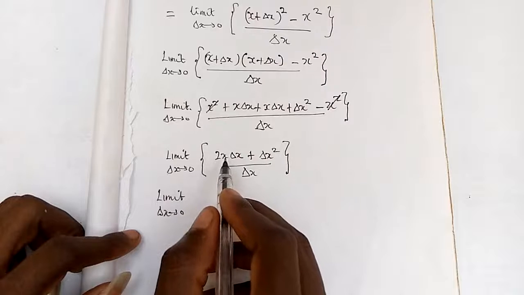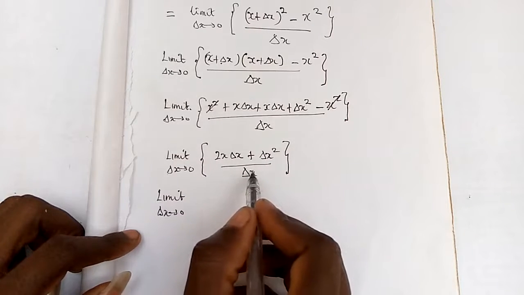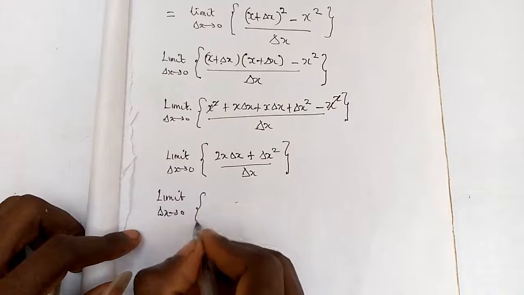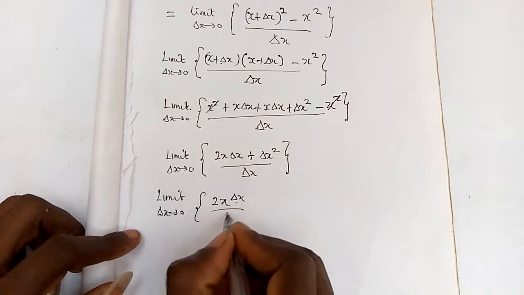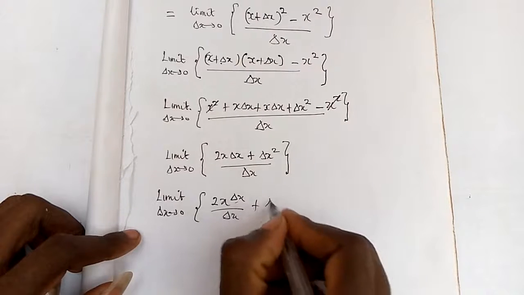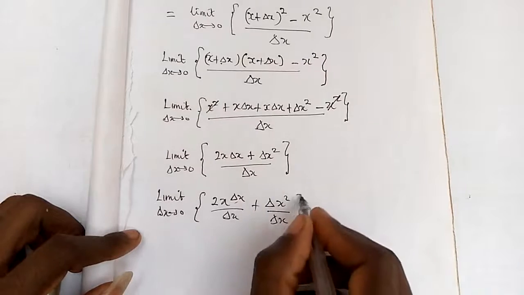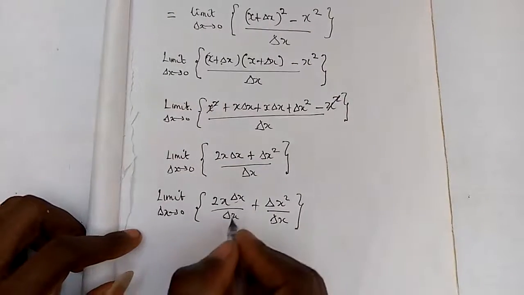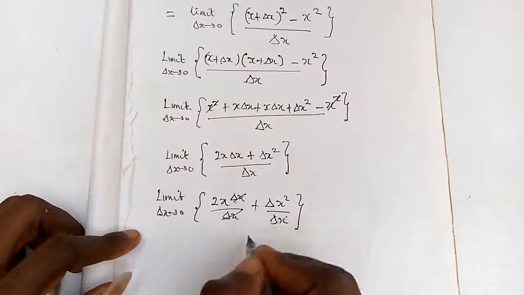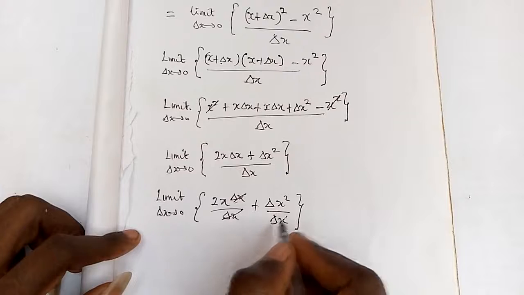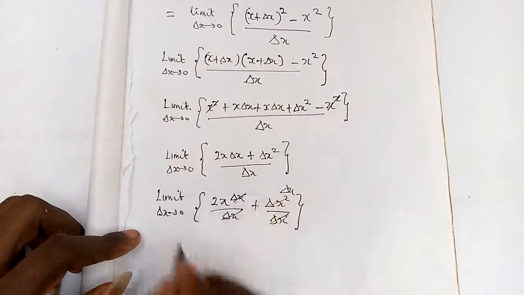So 2x change of x over change of x plus change of x squared over change of x. Change of x will cancel change of x, and change of x squared divided by change of x will give us just change of x.